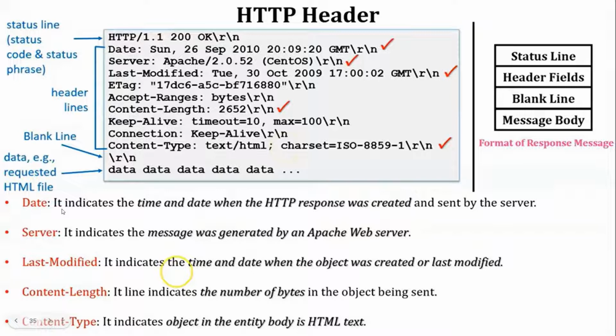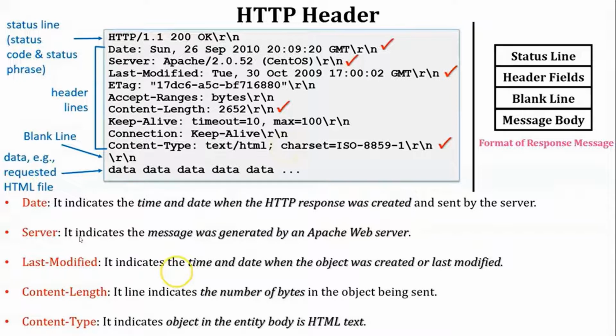It indicates the time and date when the HTTP response was created and sent by the server. The next field is server. It indicates the message was generated by an Apache web server.